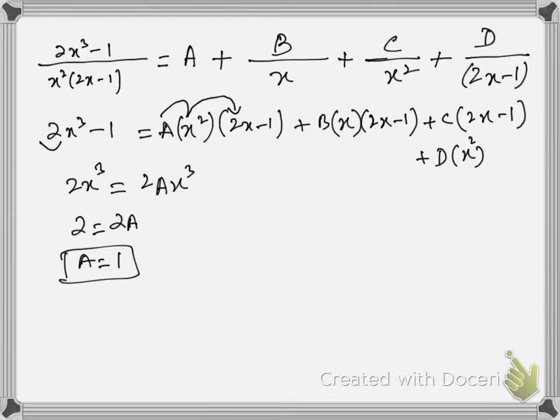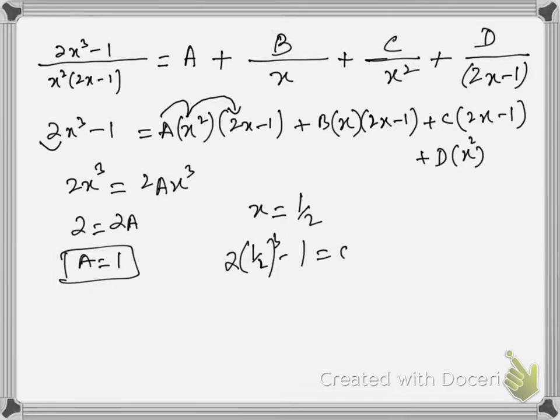Now for the rest of the constants, we will use the substitution method. We will suppose x = 1/2. We had this value from the factor 2x − 1. When we substitute x = 1/2 on both sides, we get 2(1/2)³ − 1.